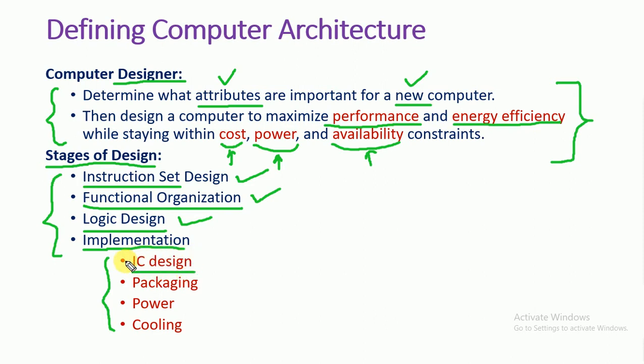Now, how can this IC be designed: in which format, which shape, how compatible, how many pins, how many transistors, and so on. All these are considered during the real implementation of that IC design. Then comes the packaging. Packaging means how these transistors can be packaged within a single unit called an IC.